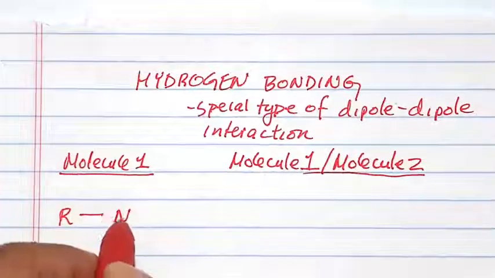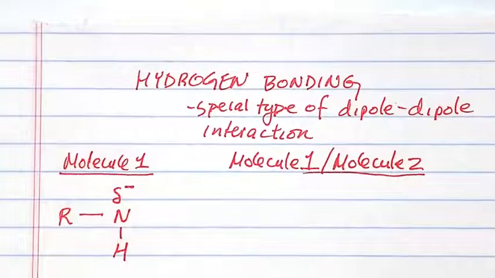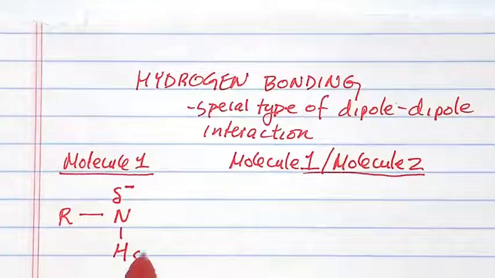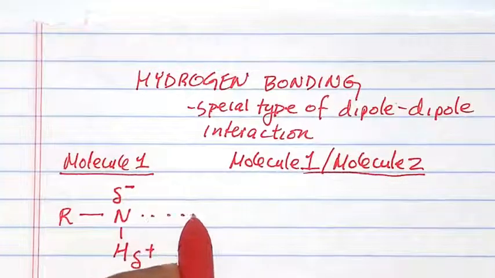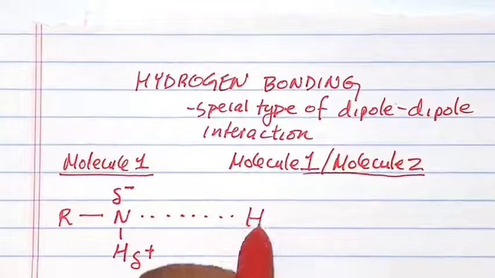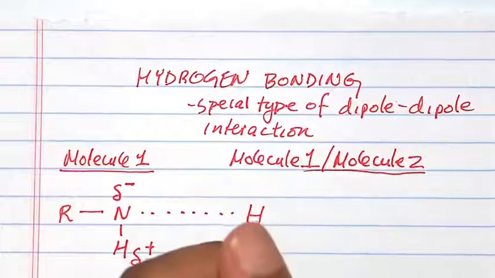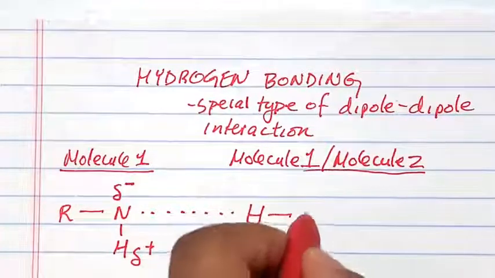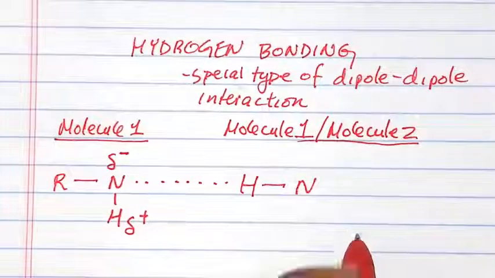So if that NH, this nitrogen is going to be partial negative, and this hydrogen is going to be partial positive, what happens is that this nitrogen on molecule 1 can form an attractive, so these are all attractive forces, with the hydrogen that's attached to another molecule. And that could be with another hydrogen attached to an H.